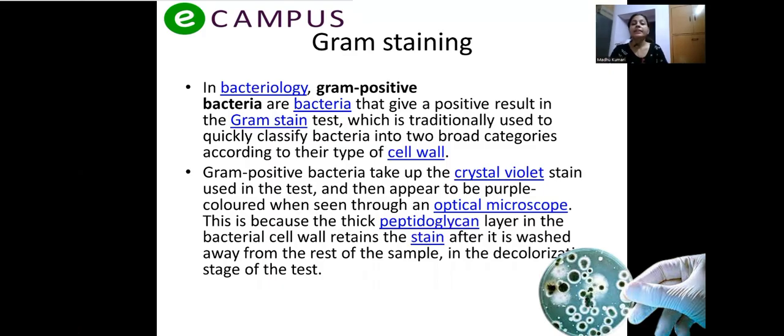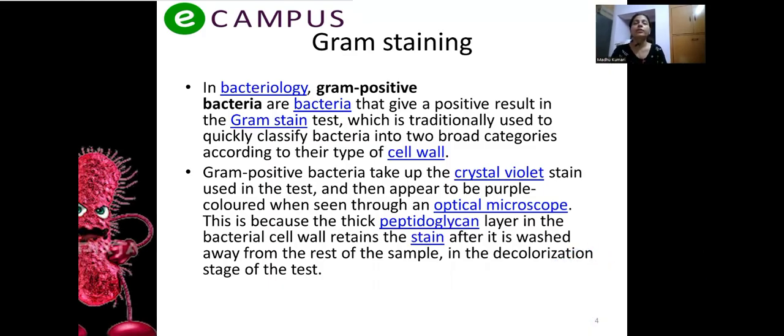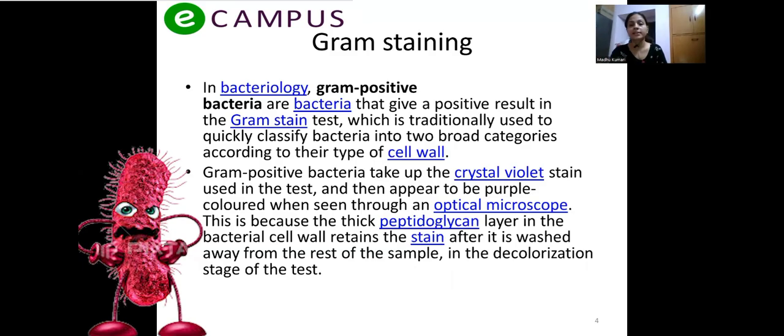Now, how do we identify the gram-positive bacteria and differentiate between gram-positive and gram-negative bacteria? There is a staining method for this. In the gram staining method, gram-positive bacteria are bacteria that give a positive result in the gram stain test, which is traditionally used to quickly classify bacteria into two broad categories according to their type of cell wall.